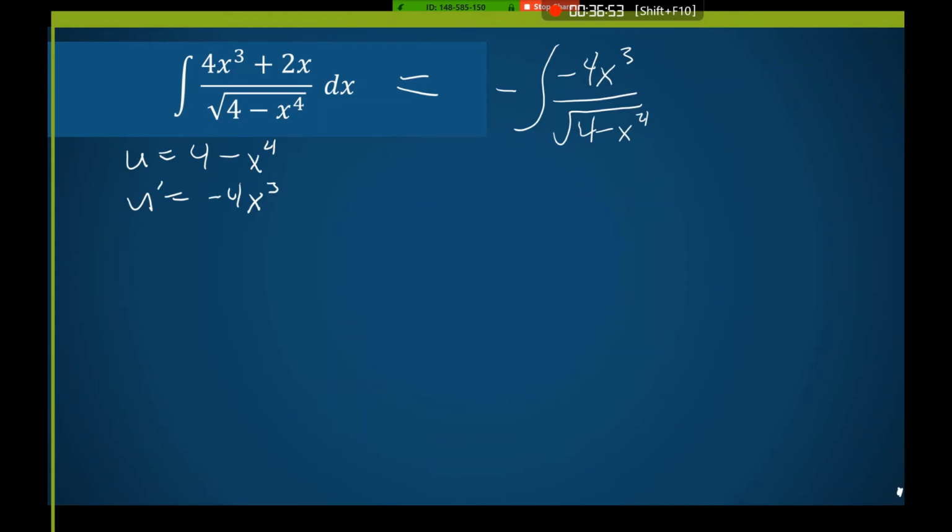Now, if I break this apart first, so I had 4x cubed plus 2x over root 4 minus x to the 4th, and then multiply by the negatives, then you can see this one should not be negative, right? Yes. Okay, cool. So that's our first step. And I've got my u and u prime, so we've got everything we need to substitute for the easier left side. And now we need to work for the right side.